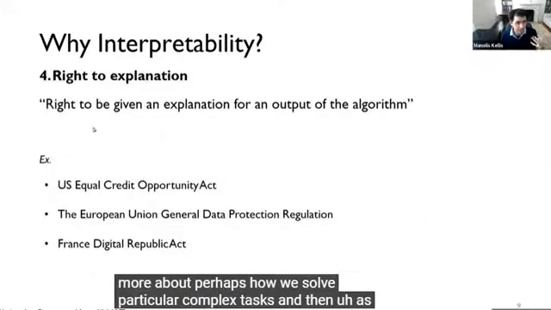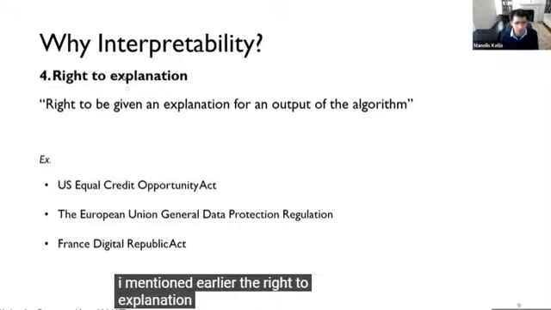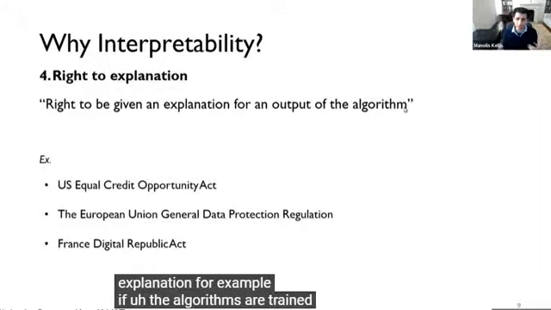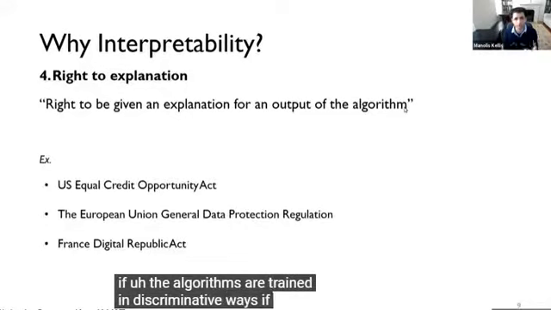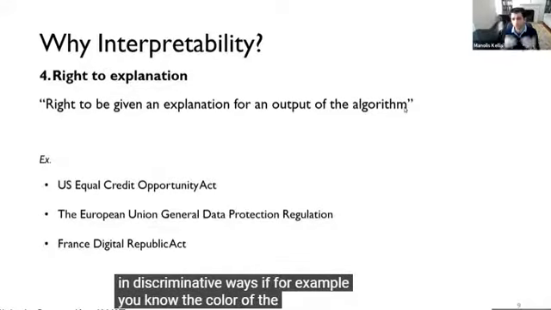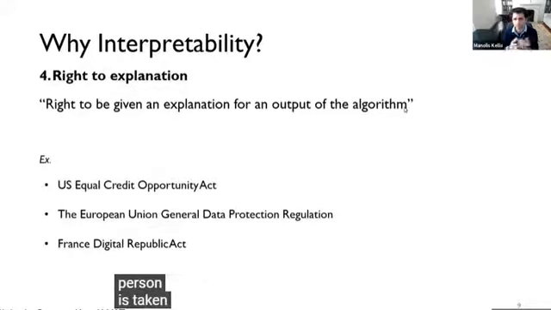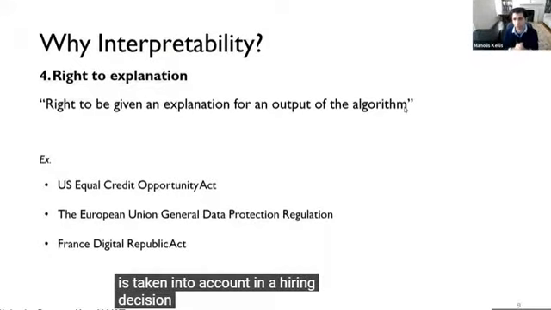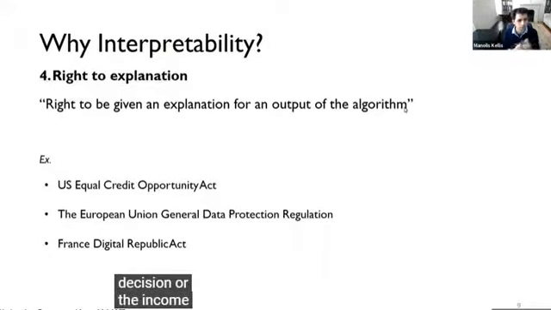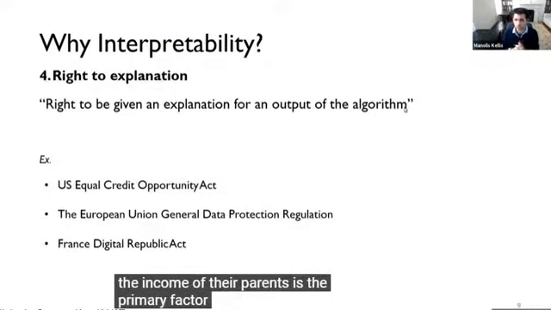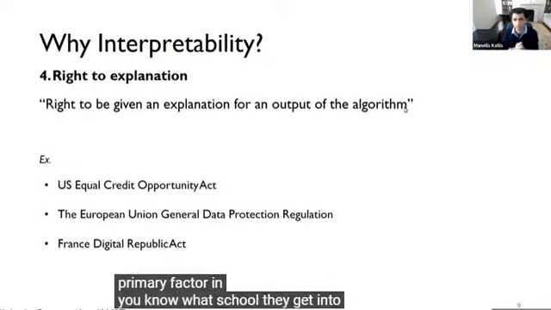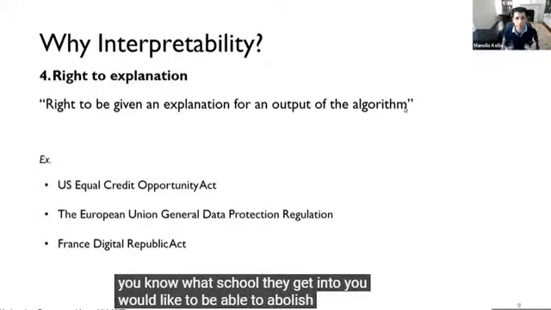And then, as I mentioned earlier, the right to explanation. For example, if the algorithms are trained in discriminative ways, if, for example, the color of the skin of a person is taken into account in a hiring decision, or the income of their parents is the primary factor in what school they get into, you would like to be able to abolish these biases.